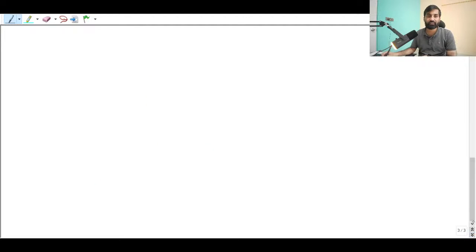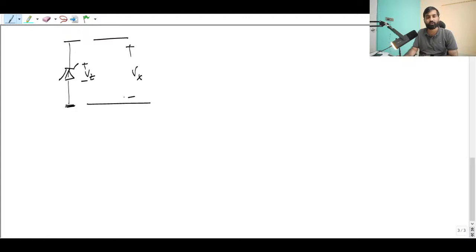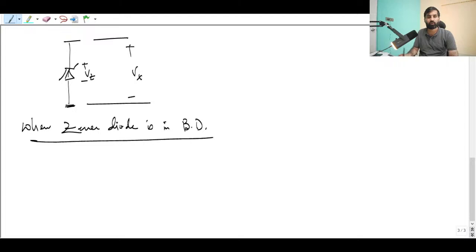Now the question is when the Zener diode is going to be in breakdown. Suppose this is a Zener diode with breakdown voltage VZ, and you are applying some voltage Vx. The Zener diode will be in breakdown when Vx is greater than Vz.